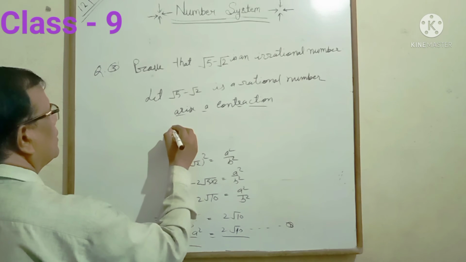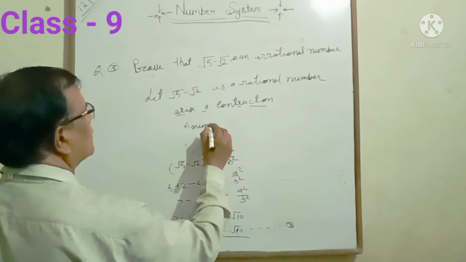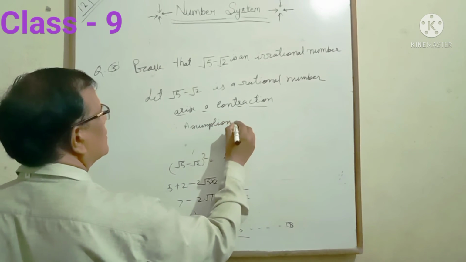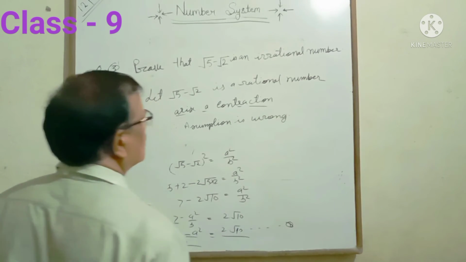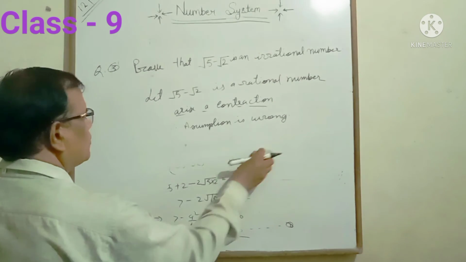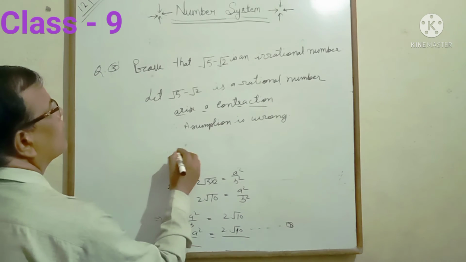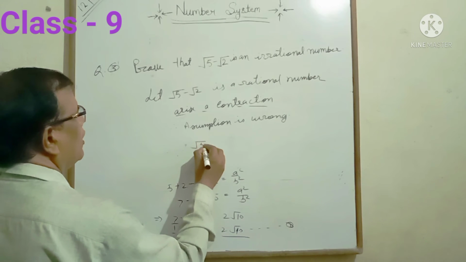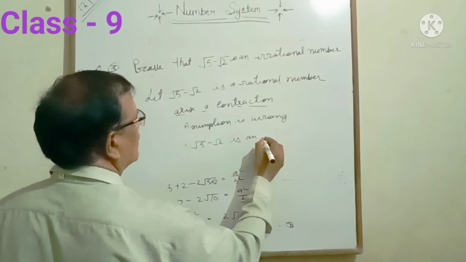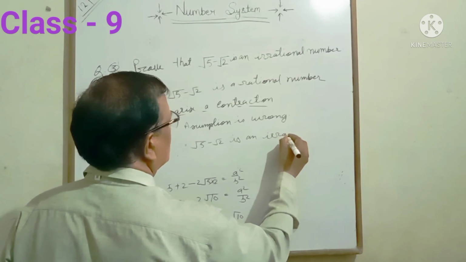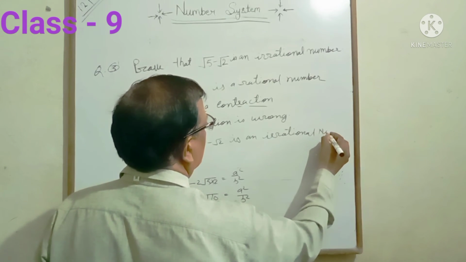So the assumption is wrong. If the assumption is wrong, it means what we have let is also wrong. Therefore, root 5 minus root 2 is an irrational number.